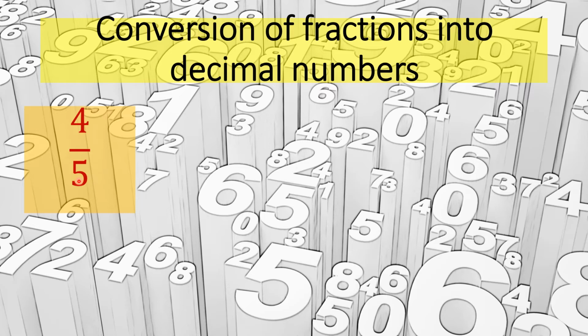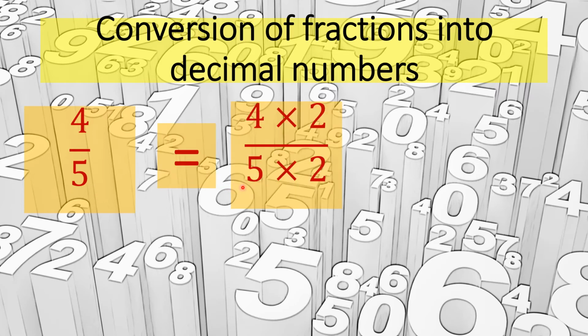And because we are multiplying in the denominator, we will multiply in the numerator also, and we will find the equivalent fraction of 4 by 5 with denominator 10. It means 4 by 5, multiply by 2 in numerator and denominator both. Then what we will get? 4 twos are 8 and 5 twos are 10.